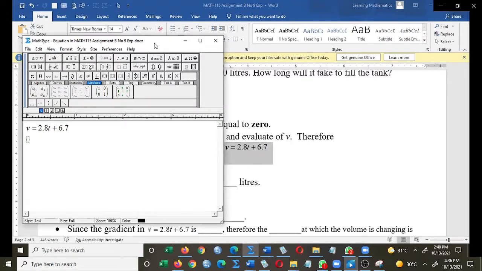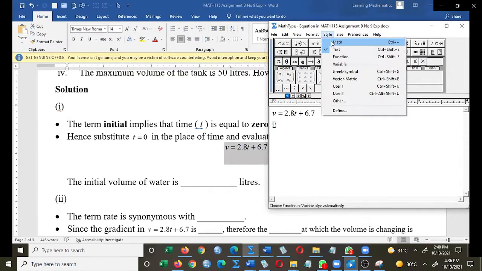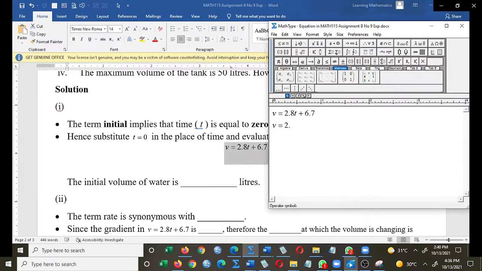V is equal to 2.8, open bracket 0, plus what? 6.7. V is equal to 6.7 liters.